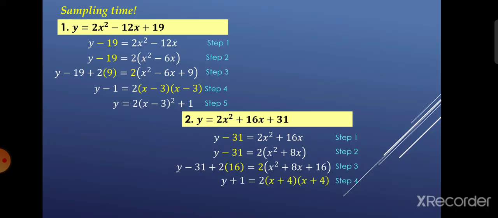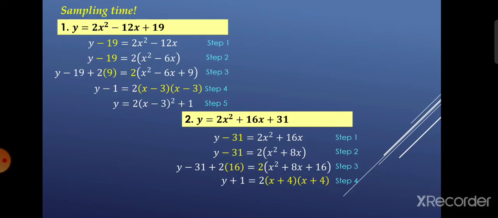Step 4. So y plus 1. 2 times 16 is 32. Positive 2 times 16 is positive 32, and y minus negative 31 from earlier. So if you read it back, y minus 31 plus 32, or 32 minus 31.